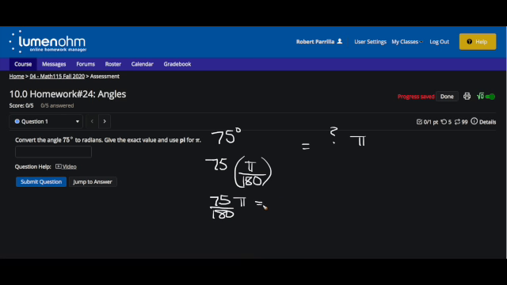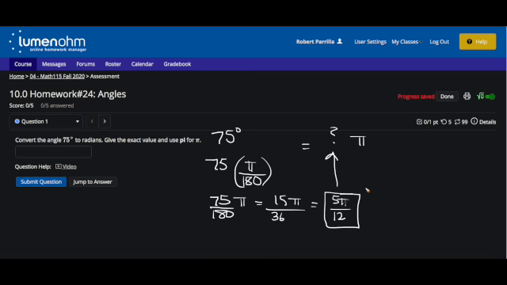If I divide both of these by 5, I'll get 15 pi over 180 divided by 5 is 36. And then I'd look to see if I can reduce this any further, which I can. So I can reduce this by 3 at this point, and that would give me 5 pi over 12. And because this is my lowest reduced fraction, this is my answer. This is what would have gone here. So 5 pi over 12.